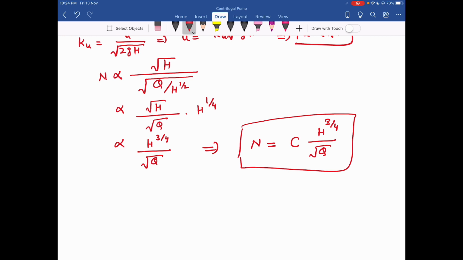Now I use here the definition of specific speed. According to that definition, when H and Q reduce to unity, my speed becomes equal to Ns.